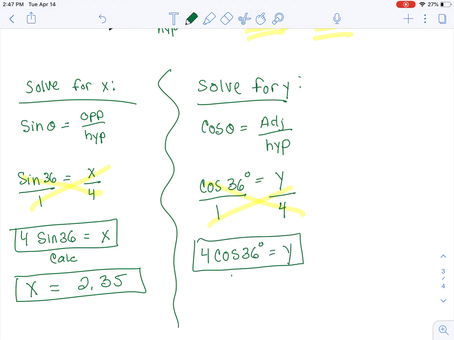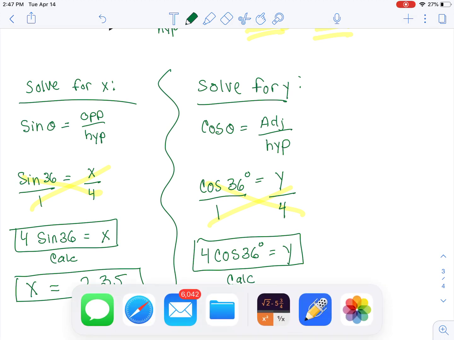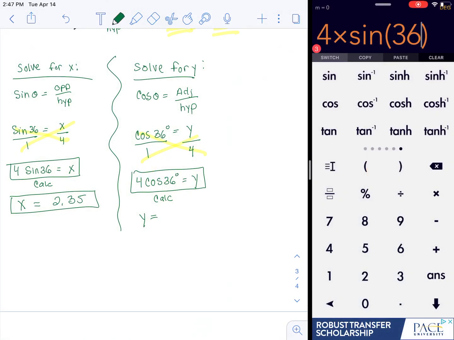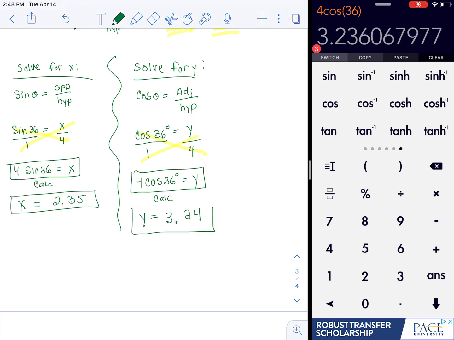This is going to go into my calculator so I can solve for y. I'm going to get 4 cosine of 36. So I get y is equal to 3.24 if I round.